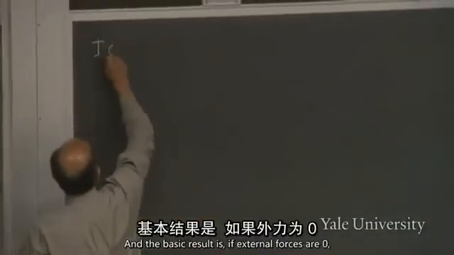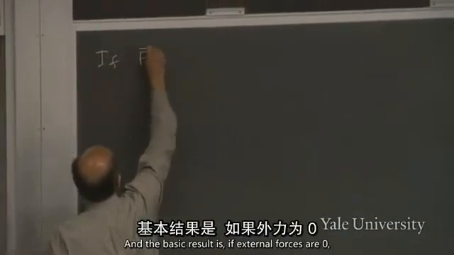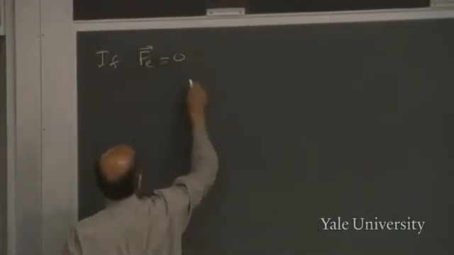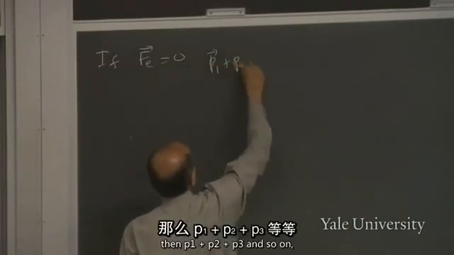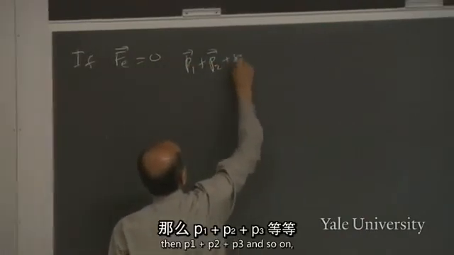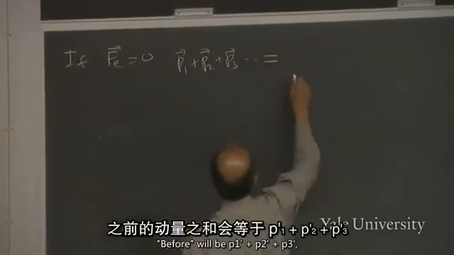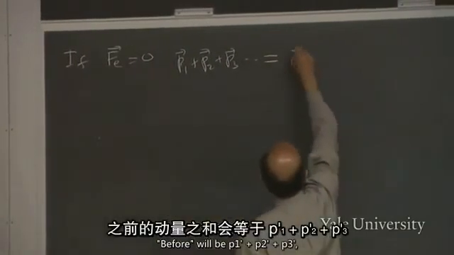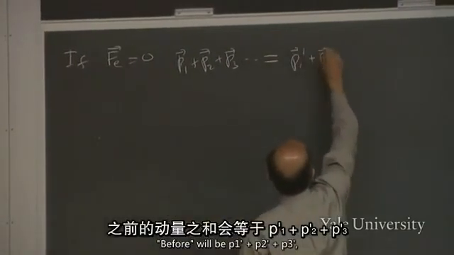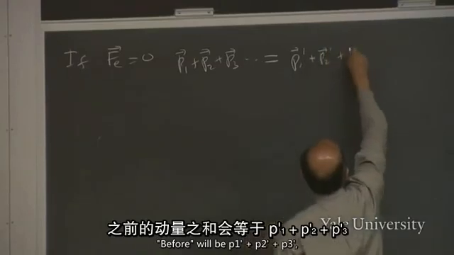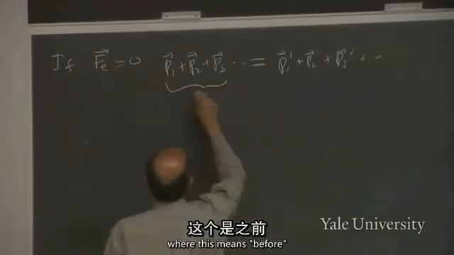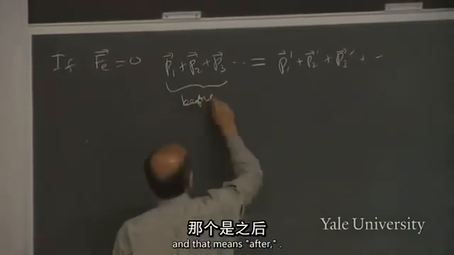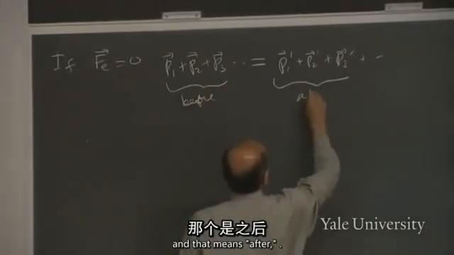And the basic result is if external forces are 0, then P1 plus P2 plus P3 and so on before will be P1 prime plus P2 prime plus P3 prime and so on, where this means before and that means after.